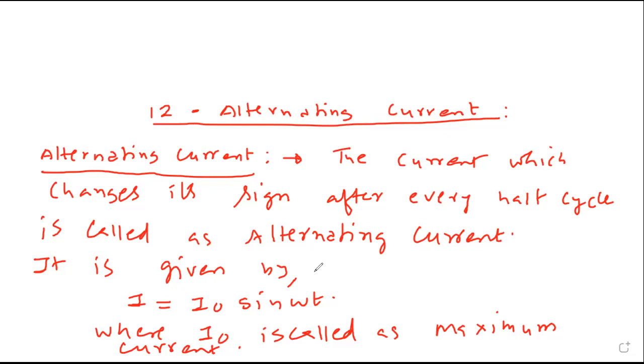Peak current. Sometimes also called as amplitude of current.